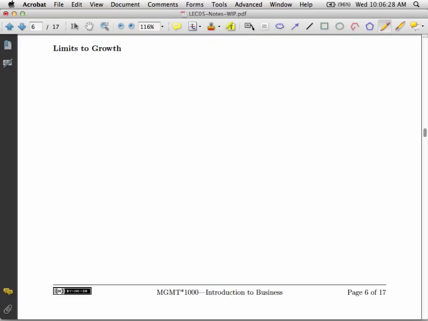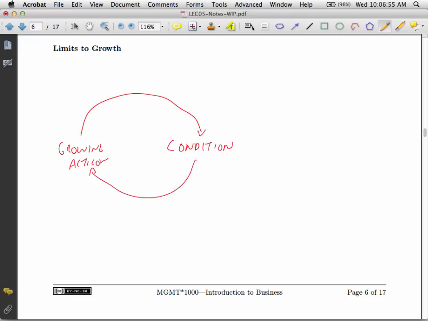Limits to growth. Another system archetype. And let's see what we got here. Well, we have some condition, whatever it might be, and there's some growing action. Right. So we have a condition, some growing action, which improves that condition.